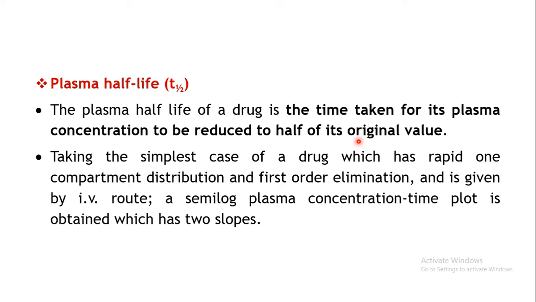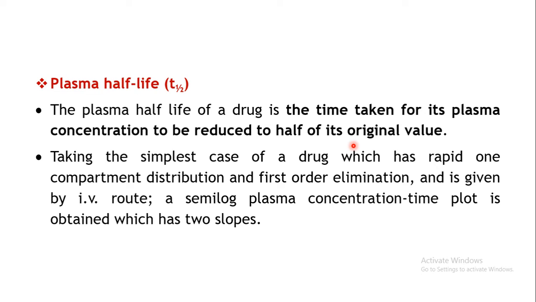Supposing initially the plasma concentration was 100 micrograms per ml, how long does it take for that plasma concentration to reduce to 50 micrograms per ml? That time required to drop its initial value to 50%, half of the original value, is known as the half-life of a particular drug.